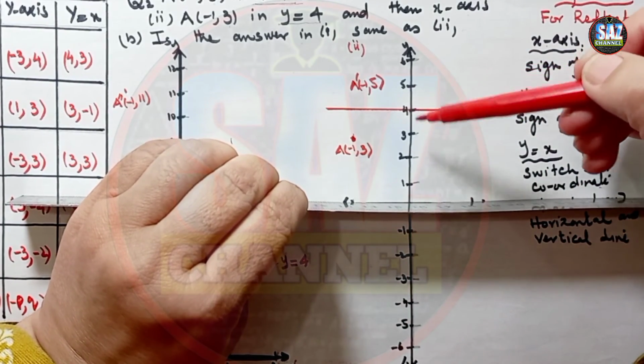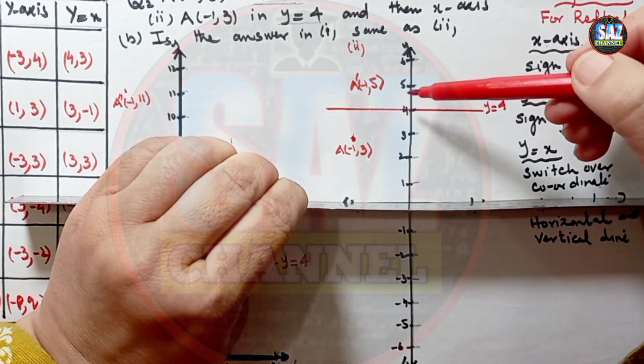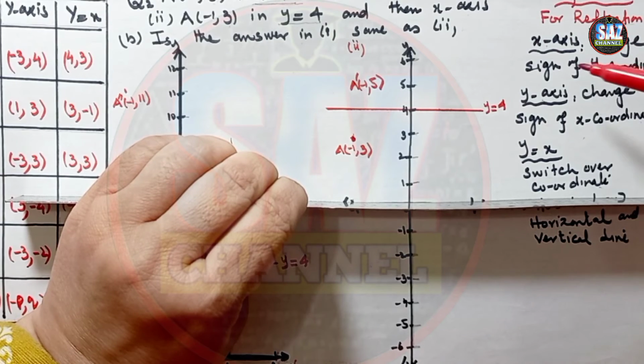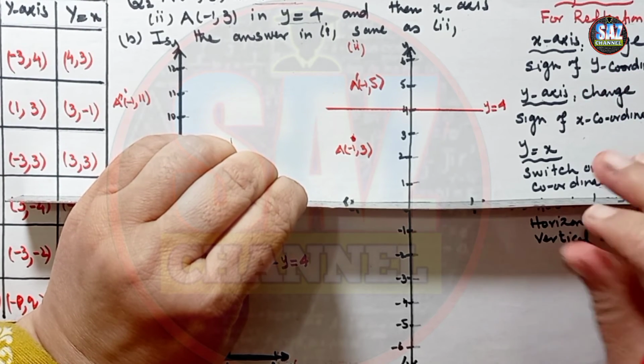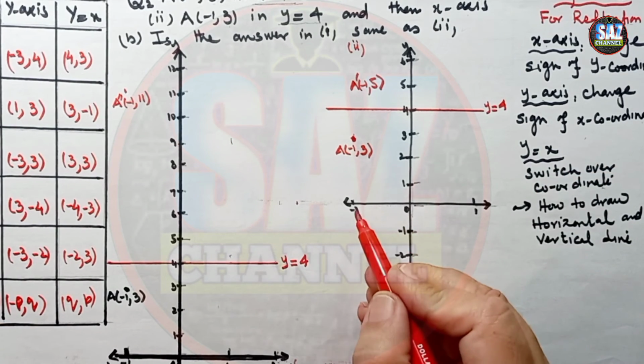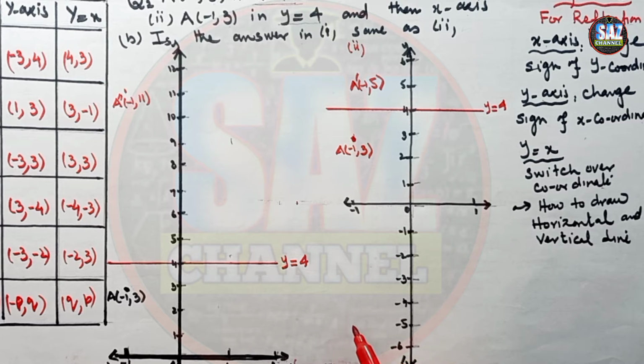Now you can see that from the x-axis the object has a gap of 5 units, and the rule of reflection in the x-axis is to change the sign of the y coordinate. So we know the image will be formed at (-1, -5). So A double dash will be at (-1, -5).